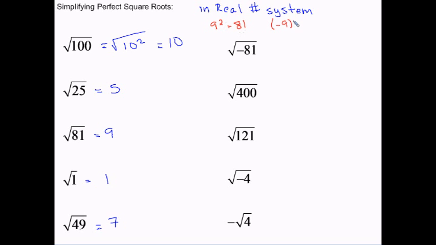And if I take negative 9 and I square it, I get 81 because negative 9 times negative 9 is a positive 81. So the square root of a negative number does not exist in the real number system. In order for this to exist, we have to move into a different number system called the complex numbers, and we're not there yet.